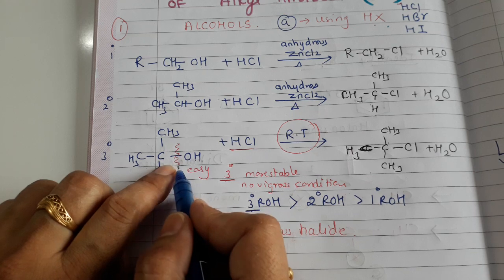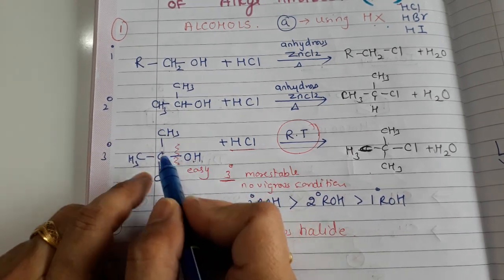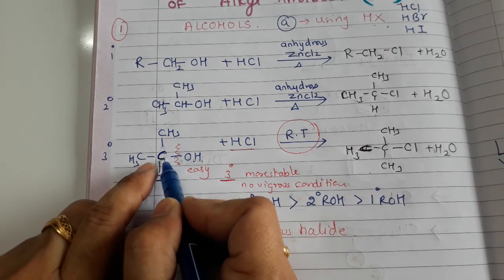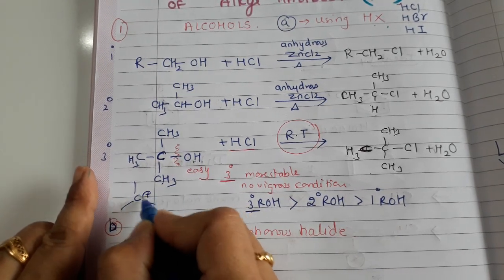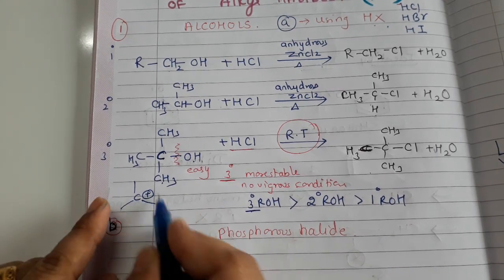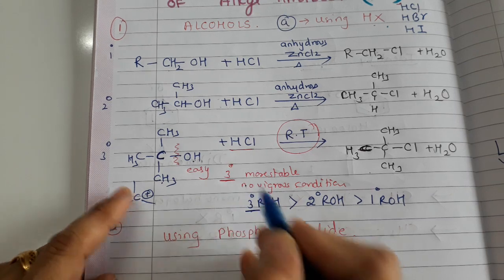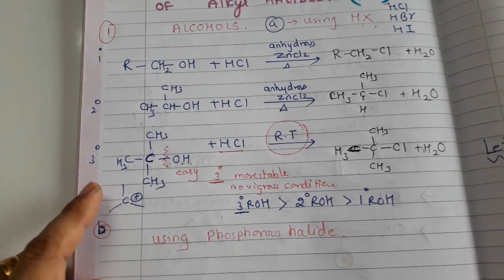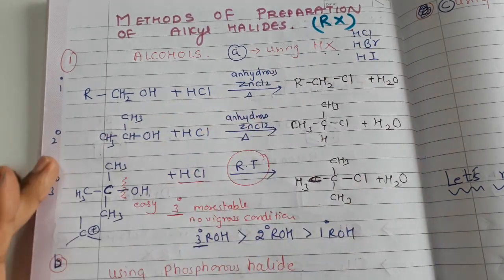Why is it breaking easily? Because there are three bulky groups and one nucleophile, so there is crowding around the carbon atom. This bond will break and we will get the tertiary carbocation with trigonal planar geometry, which is more stable.